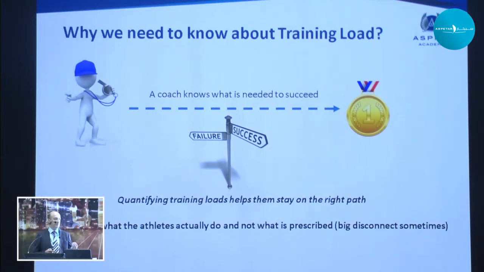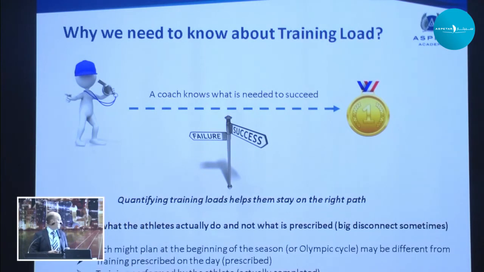We've seen before there is a big mismatch between what is prescribed and what the athlete does, and it is very acute, especially in this world where a lot of athletes are coached remotely. The coach is in another part of the world, the athlete receives the program, goes out, does something, and there is always a bit of a mismatch. But also, what a coach might plan at the beginning of the season or at the beginning of a session might differ from what actually happens in session.